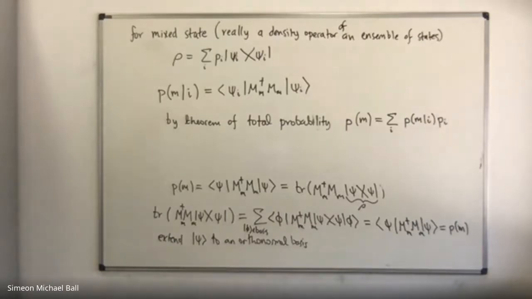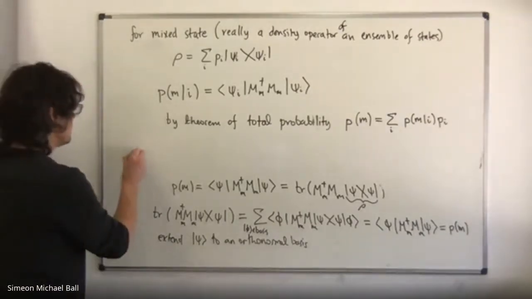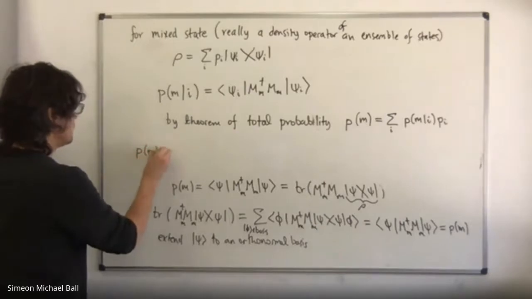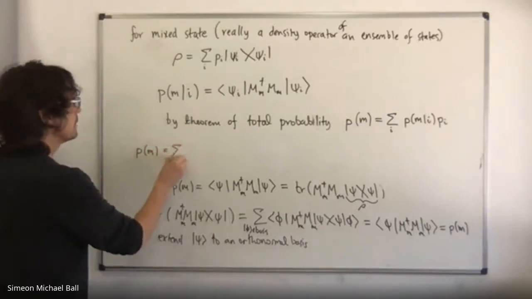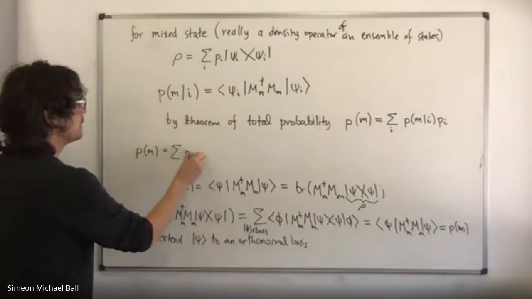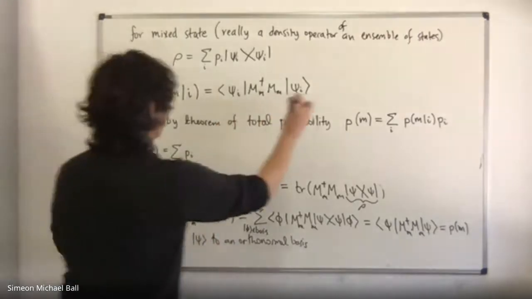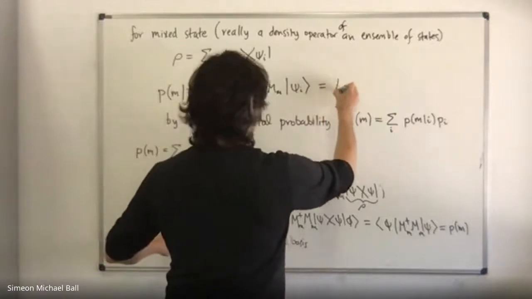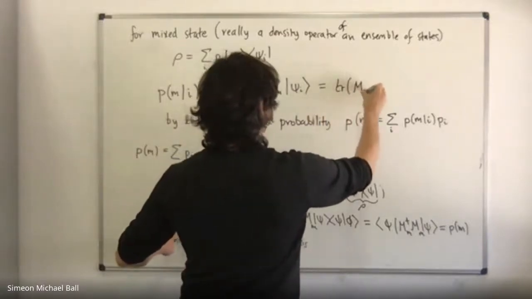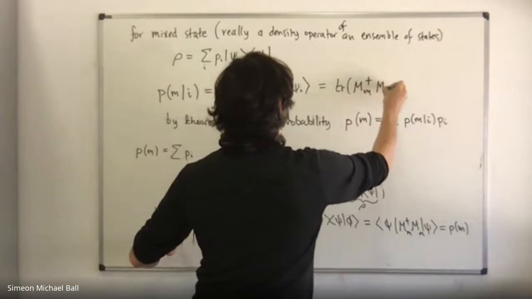So now we can work out what P of m is. P of m should be the sum of p_i times the probability given i, and we already proved that this thing is in fact the trace of M-dagger M rho_i.